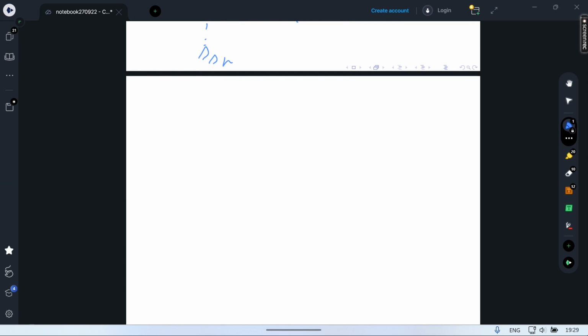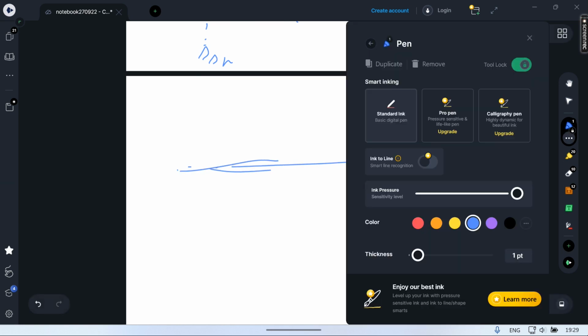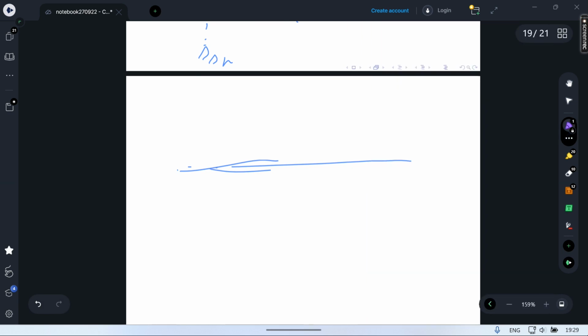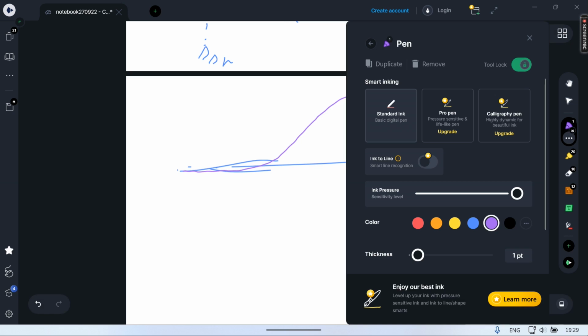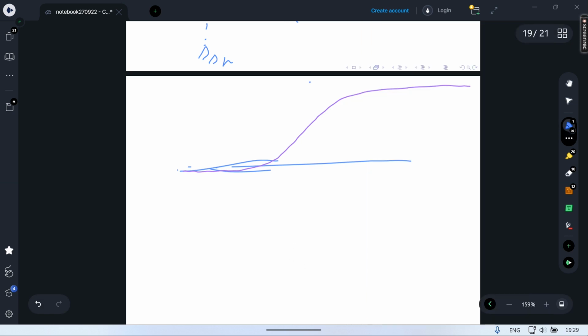Just consider our sigmoid case. In case of the sigmoid activation function, if you remember, the curve is something like this. This is the point 0.